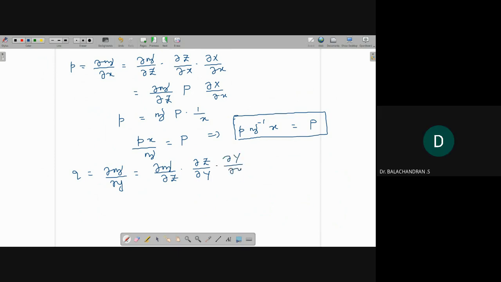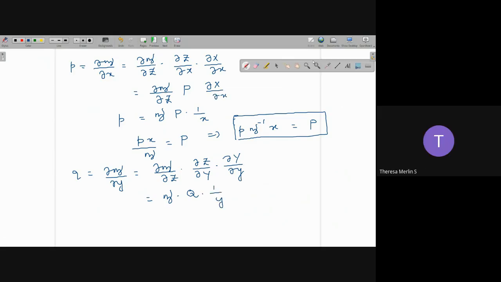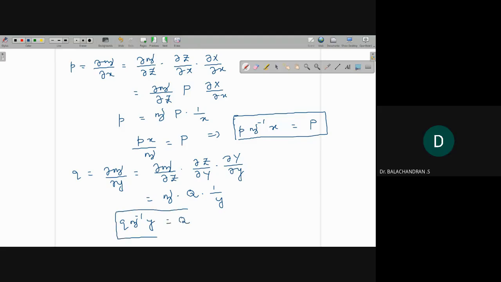What is this? This is z into capital Q into 1 by y. So directly, q z power minus 1 into y is equal to capital Q. That's all.